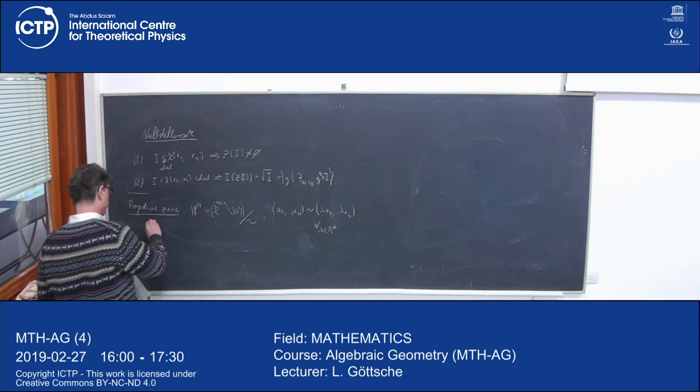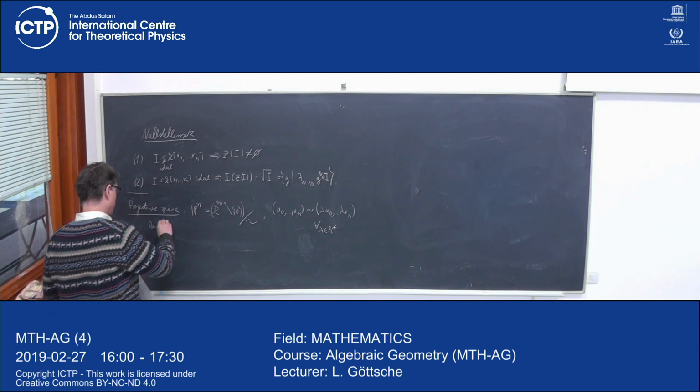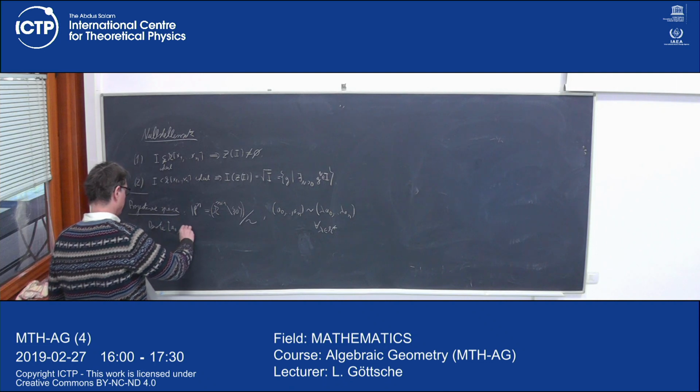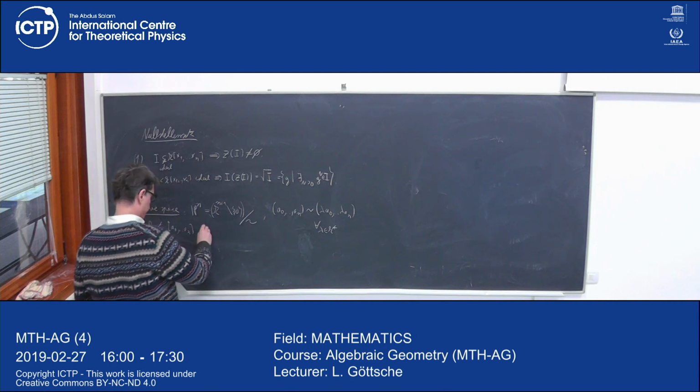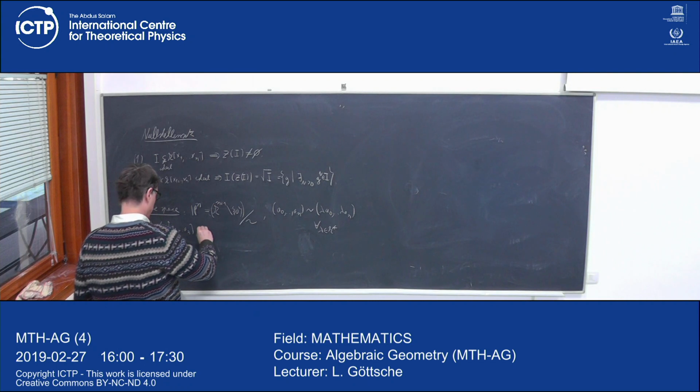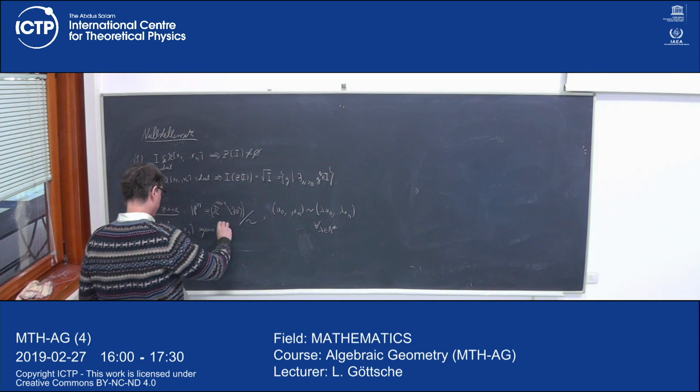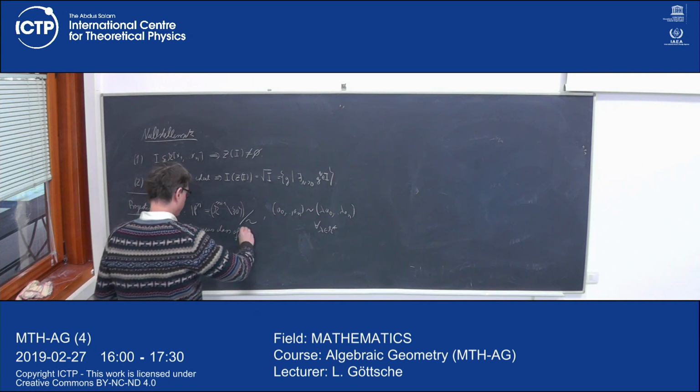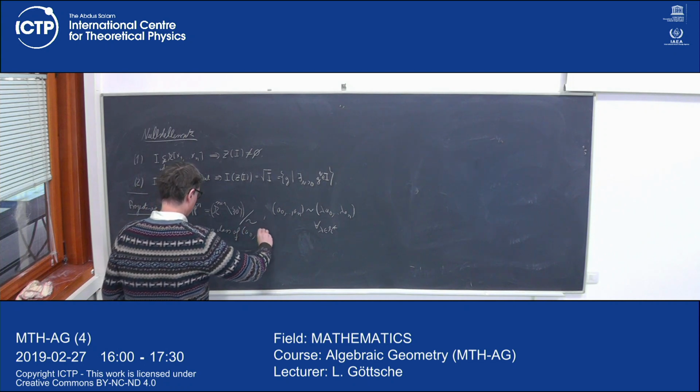We denote by (a0:...:an) the point, the equivalence class of (a0,...,an).